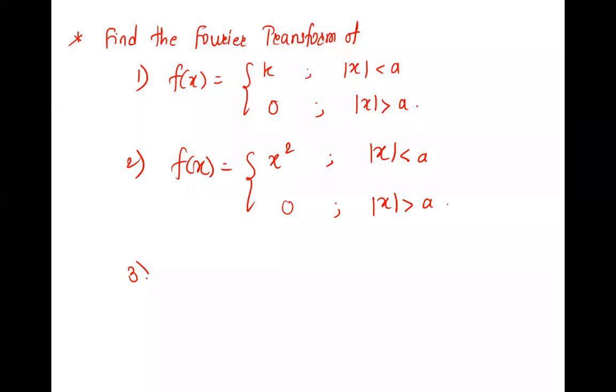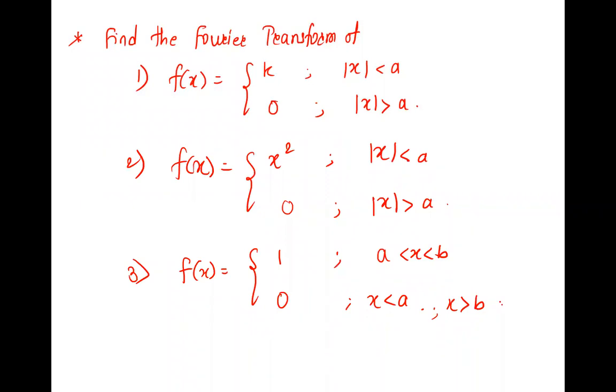We'll write one more. f of x is equal to 1 if x is from a to b, and 0 when x is less than a and x is greater than b. Otherwise, only defined in a to b, the value is 1.